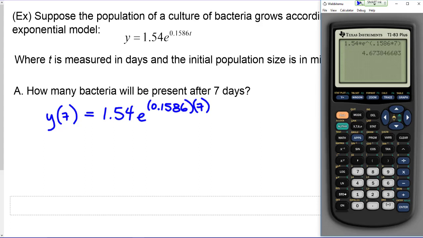And I'll round this to 2 decimal places since the initial population size was to 2 decimals. So this would be approximately 4.67. The initial population size was in millions, so approximately 4.67 million bacteria present after the 7 days.